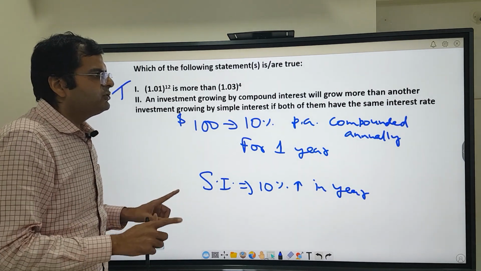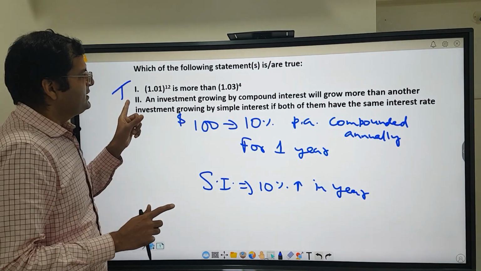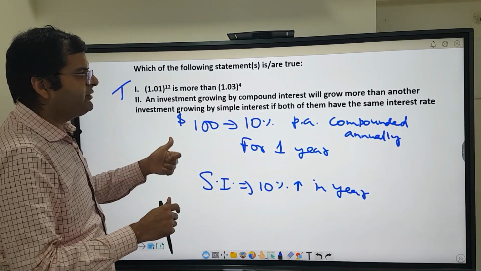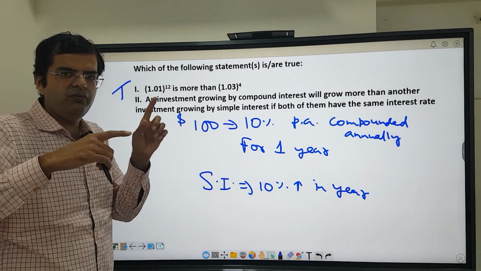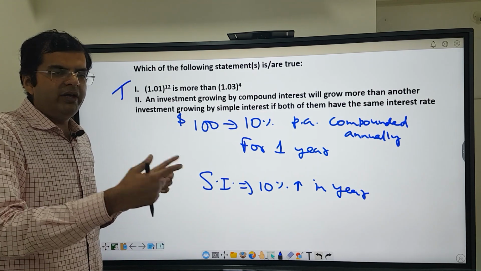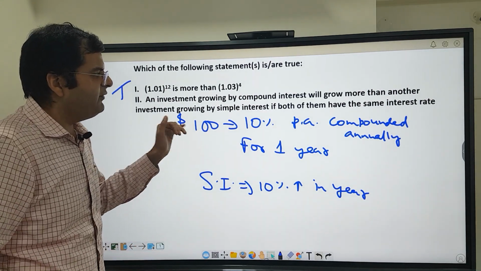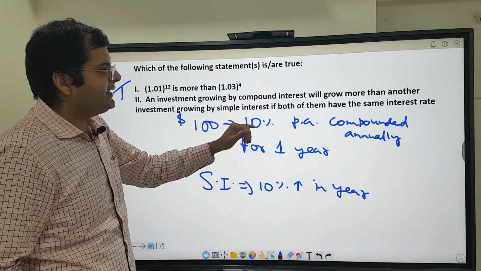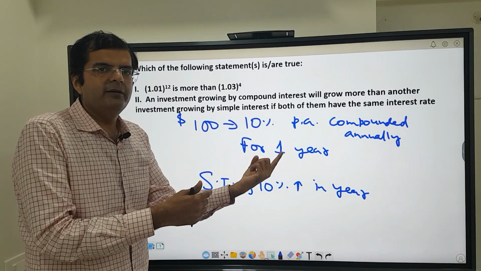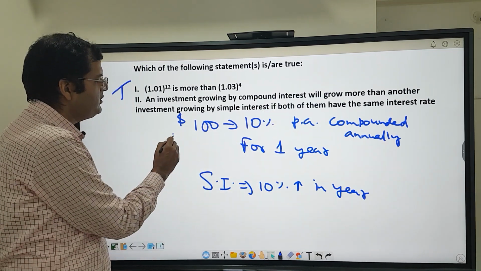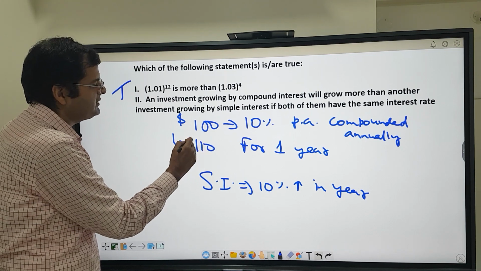All right. So in this case, statement 2 seems like true, but this is not completely true in all the cases. If there is only one compounding period, like in this case, if you have to grow $100 at 10% per annum compounded annually for only 1 year, at the end of this year what do you get? $110.